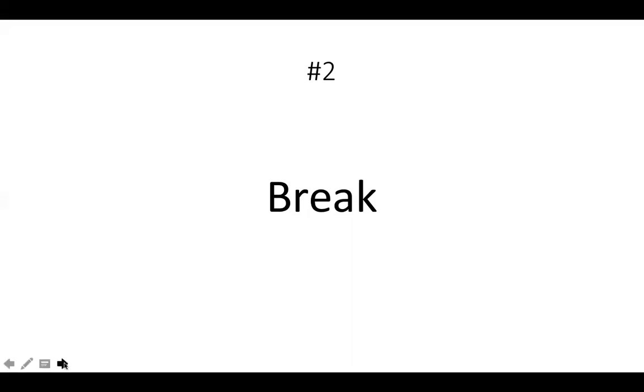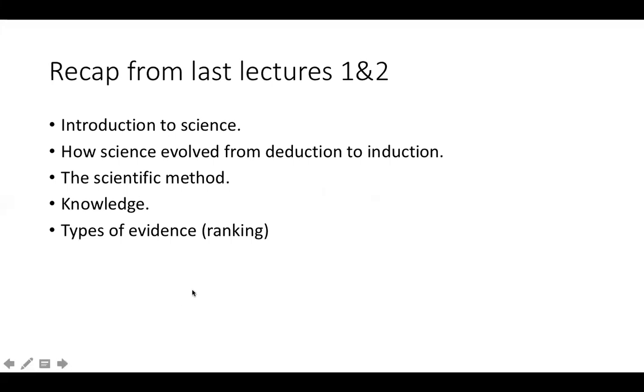So before we go to the core of this lecture, let's just recap from the last two lectures. In the first two lectures, we had an introduction to what science means and how science evolved from deduction to induction, and what is the scientific method.